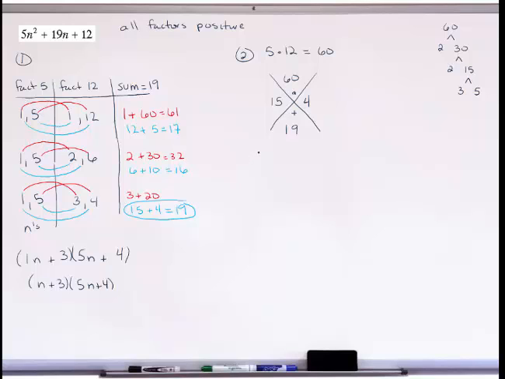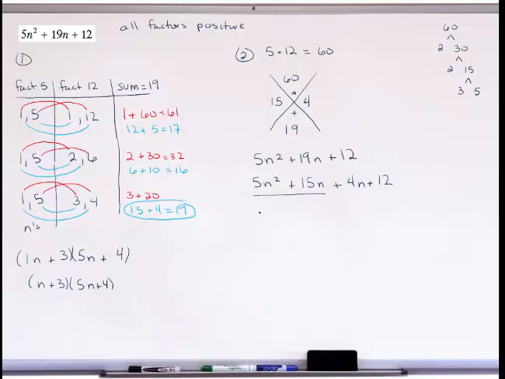After which point, I take my original terms and I replace the 19n with 15 and 4. Now when I look at this to determine which one comes first, 5 and 4 don't really have anything in common, but 5 and 15 do. So I want to put the 15 with the 5 and the 4 with the 12.